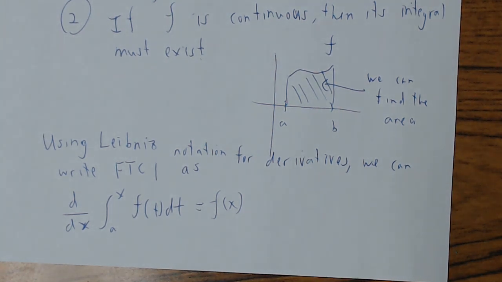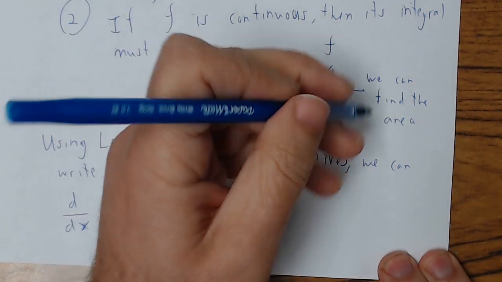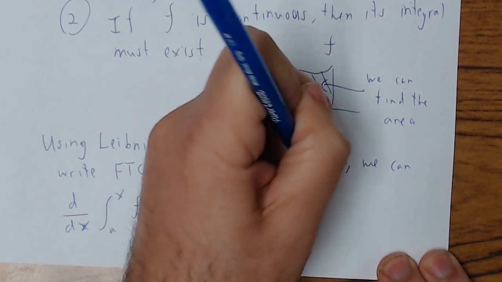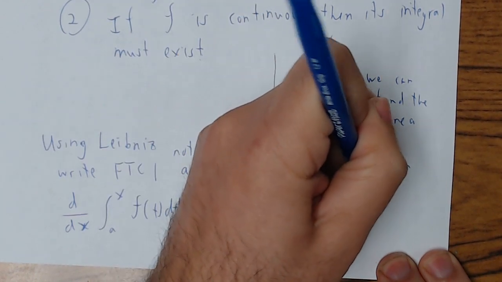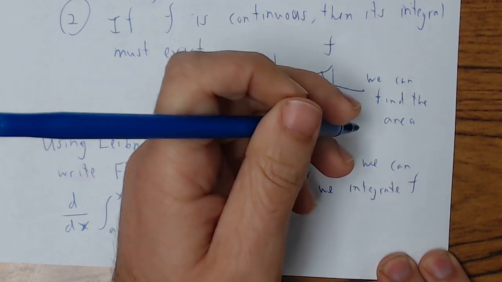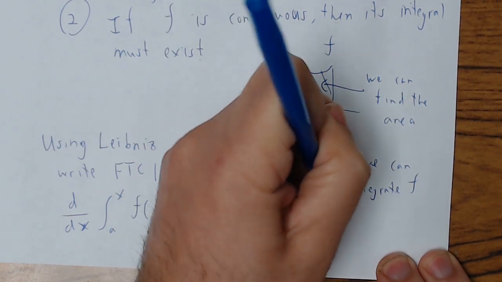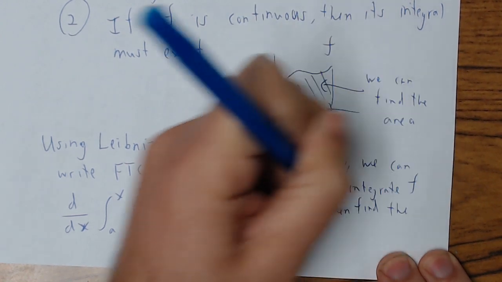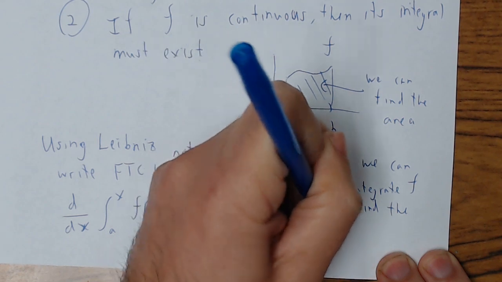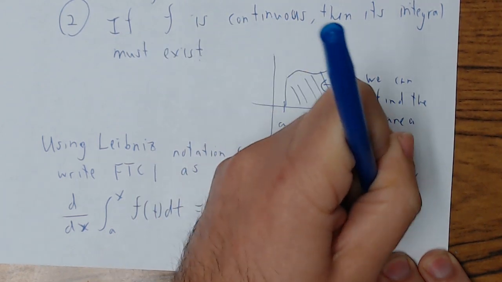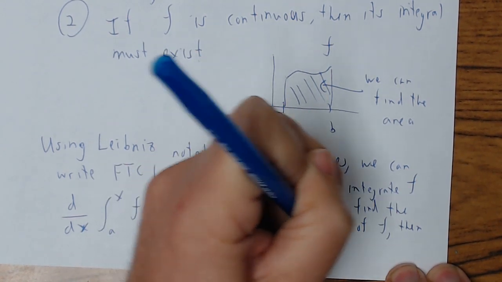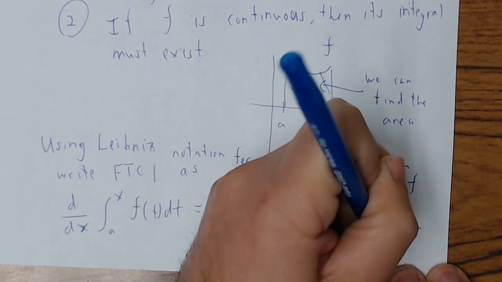Okay, so this says practically, if we integrate f and then find the derivative of f, then we get back to f.